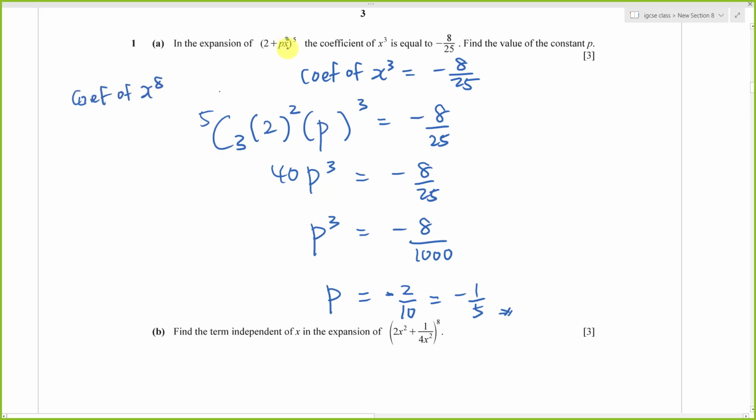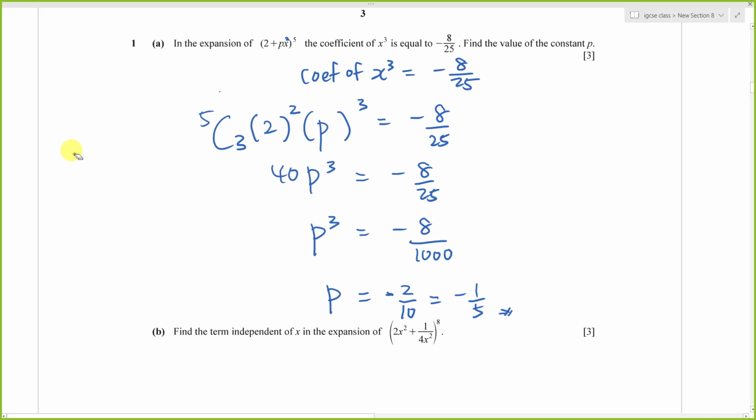Then you need to think a little bit: x squared, how to get the power of 8 here? I will do something like 5c4, because my term b over here is px squared, and if I power it 4 here, this 4 is the same as this 4. Then I can get x to the power of 8. This is just the idea, and if you understand it, it can help you do the binomial expansion faster.